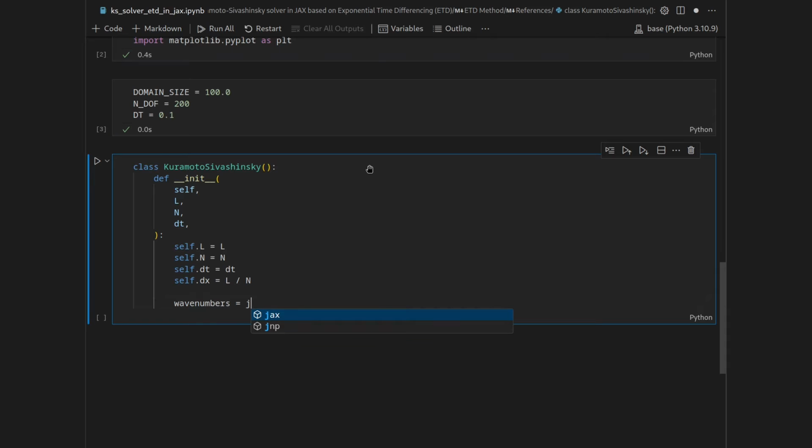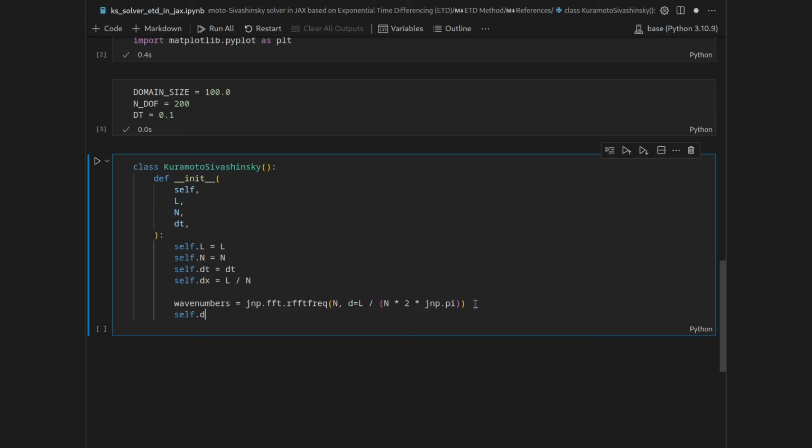And we can get those by saying jnp.fft.rfftfreq in 10 over n, so the n that we got as an argument, and then rfftfreq is already choosing how many wave numbers we have based on these degrees of freedom. And then we have to provide the spacing, and the spacing will be L divided by n times 2 times pi. And if you're interested in why we need the 2 times pi, I have a video linked up here in where we look into the spectral derivative and that we need these additional factors here.